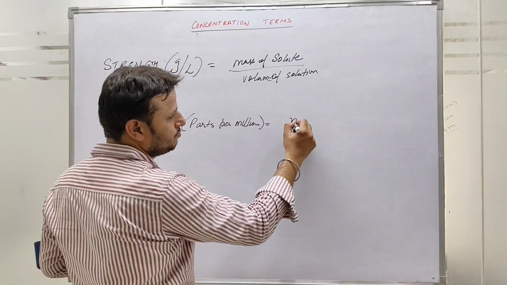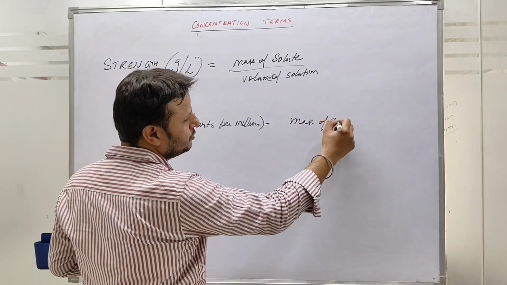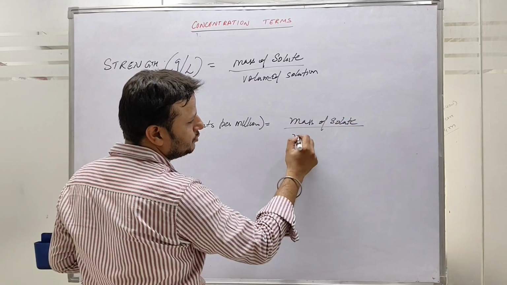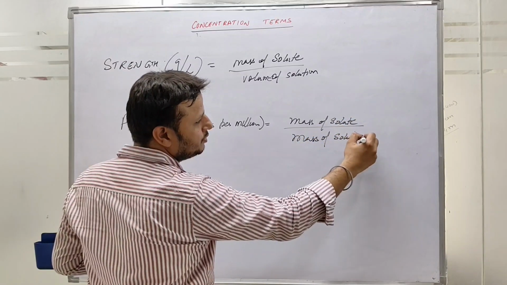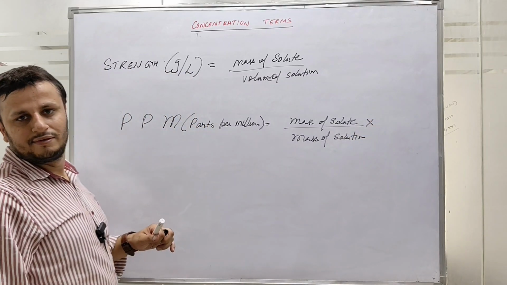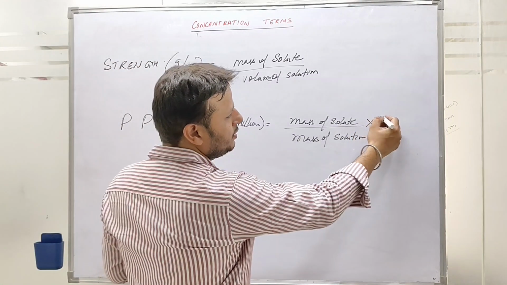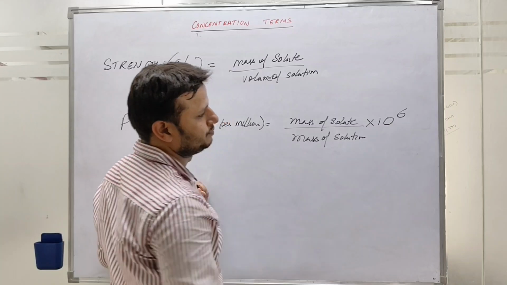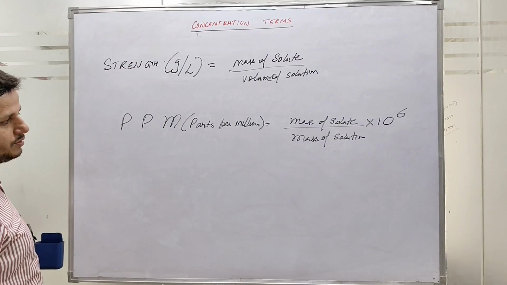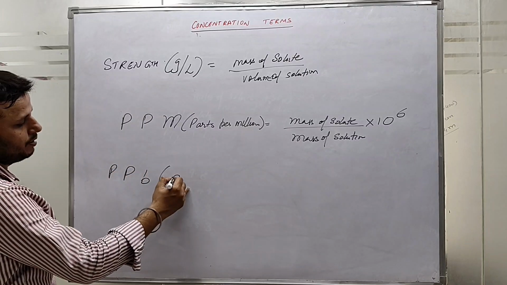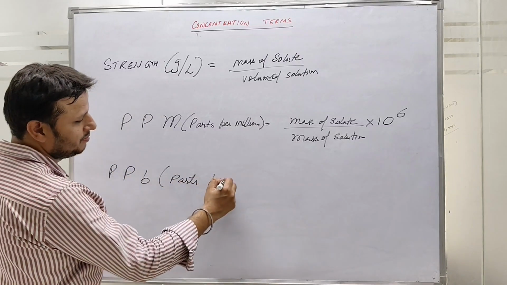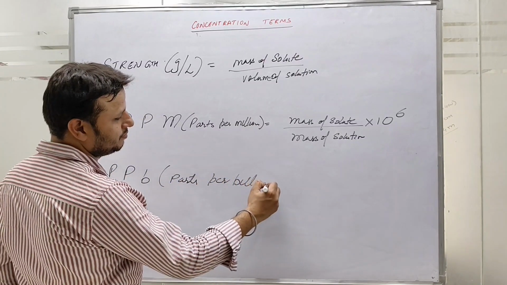That is mass of solute by mass of solution. जैसे परसेंटेज के लिए हम इंटू 100 करते हैं, वैसे ही पार्ट्स पर मिलियन के लिए इंटू 1 मिलियन, 10 raised to power 6. And similarly, ppb, parts per billion.